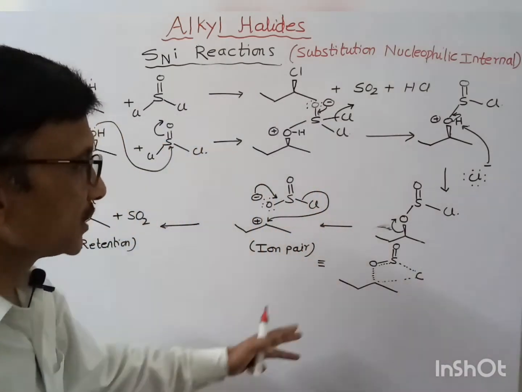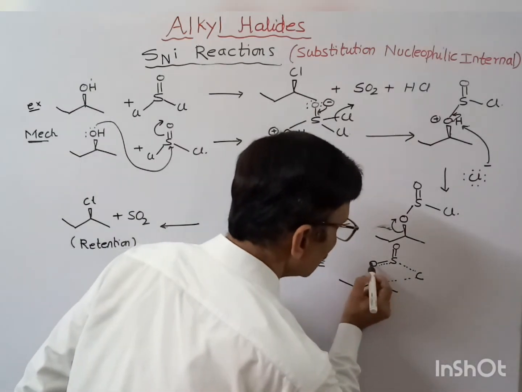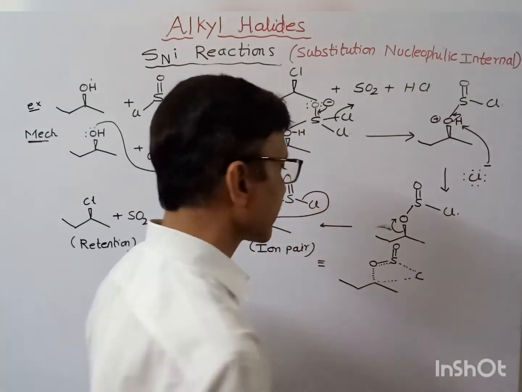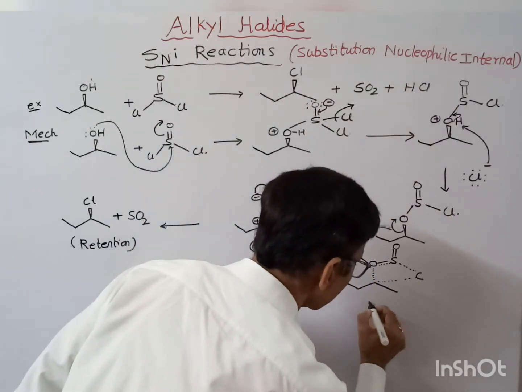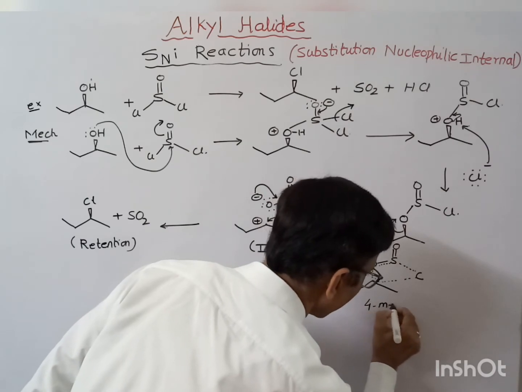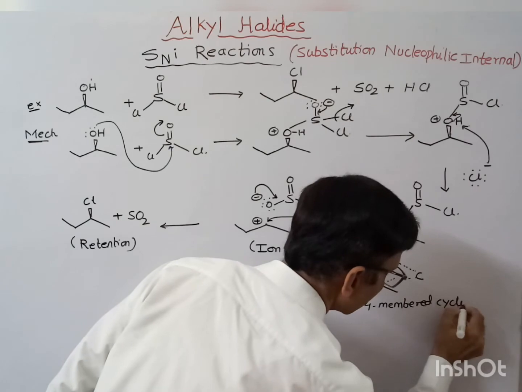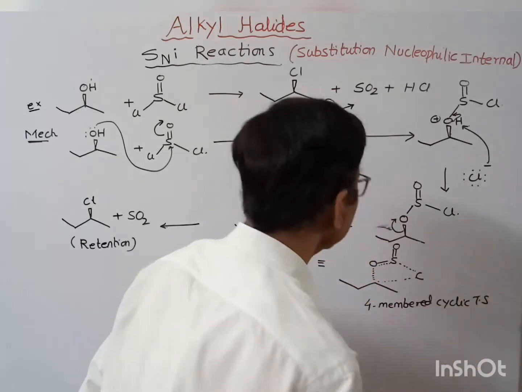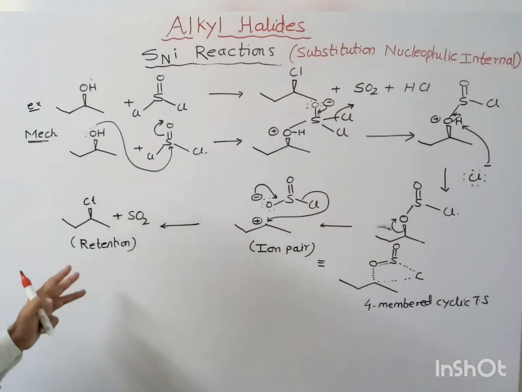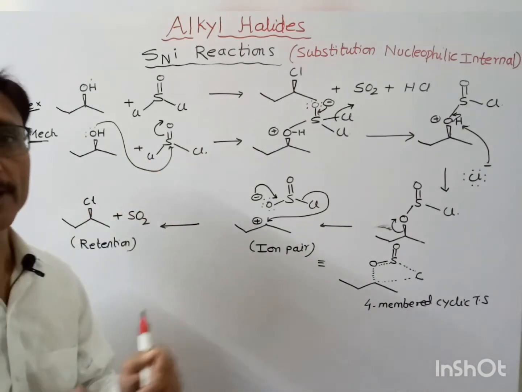Okay, so you can see this is 1, 2, 3, 4. A four-membered cyclic transition state is formed. So this is the reaction when we have taken the thionyl chloride.